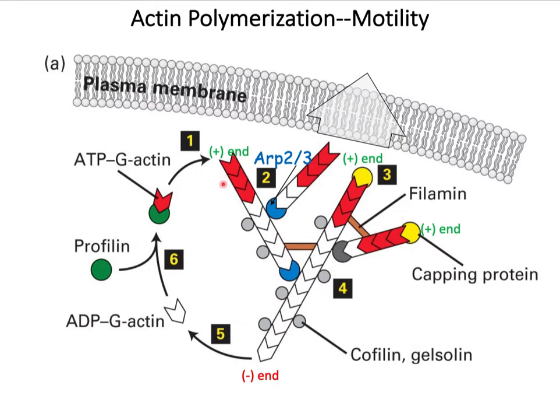Another protein seen in this diagram is filamin, and it is a cross-linking protein. So filamin can cross-link these branches, stabilizing some of them. And then interestingly, you can have some capping proteins right here.